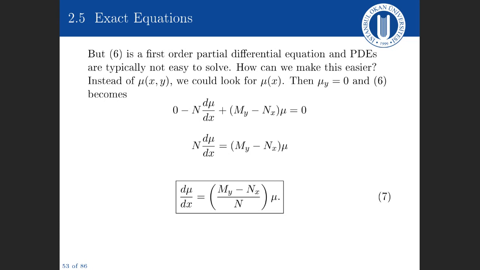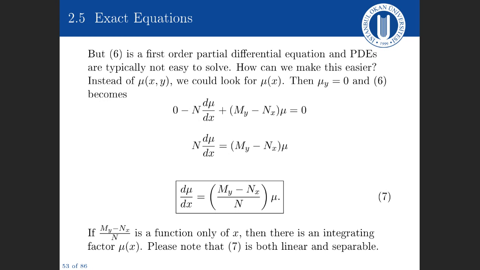Equation 6 would become d mu dx is equal to (my minus nx) over n times mu. Now, we can only solve this if (my minus nx) over n is a function of x. If this is true, if this is a function only of x, then we can find an integrating factor mu of x. Note that equation 7 is both linear and separable. So you know 2 ways to solve equation 7.